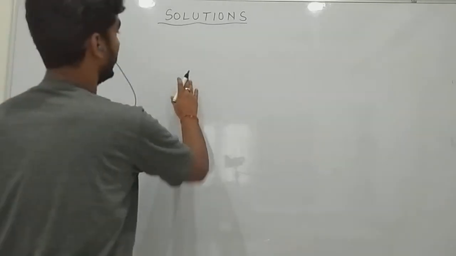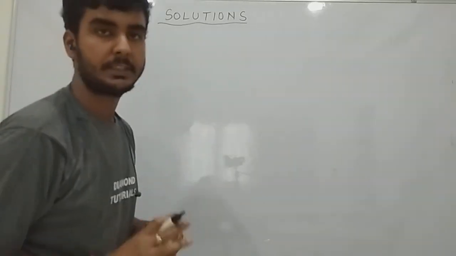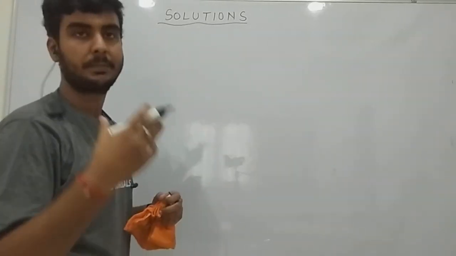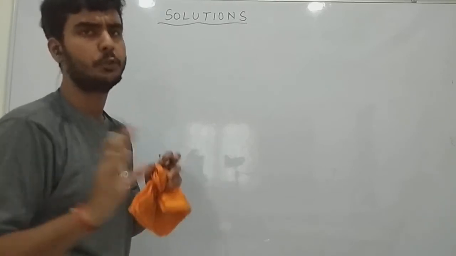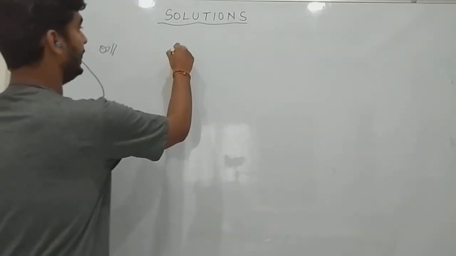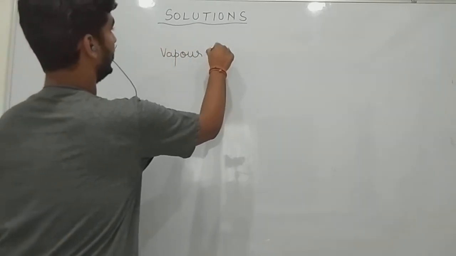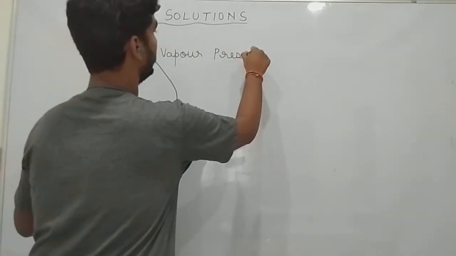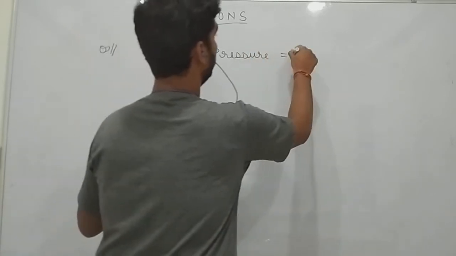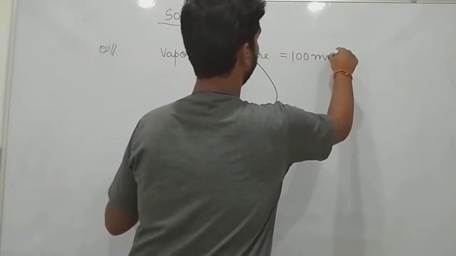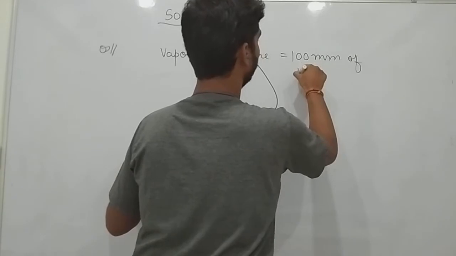So we are not provided with the vapor pressure of water or the vapor pressure of the solution, so we can assume it for ourselves. Let the vapor pressure of water be equal to 100 millimeter of Hg. I am assuming anything.